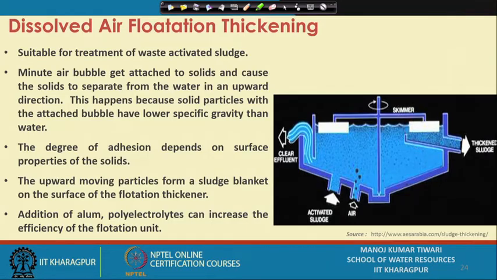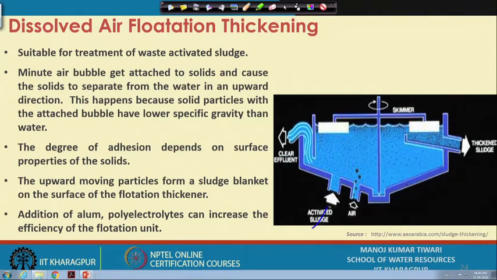Then we have dissolved air flotation thickeners. Here we provide the activated sludge and then we provide air. This method is primarily suitable for the waste activated sludge or secondary sludge, because their specific gravity is even lower as opposed to the primary sludge.